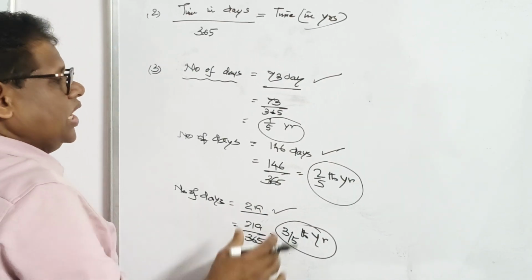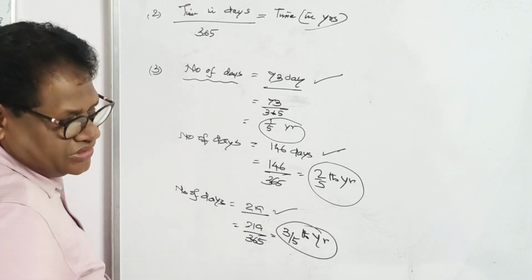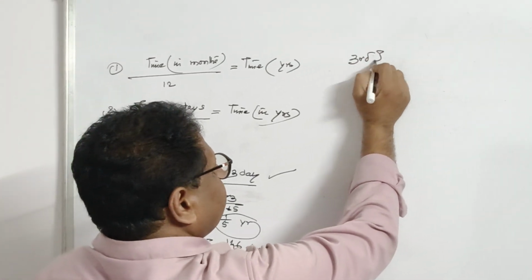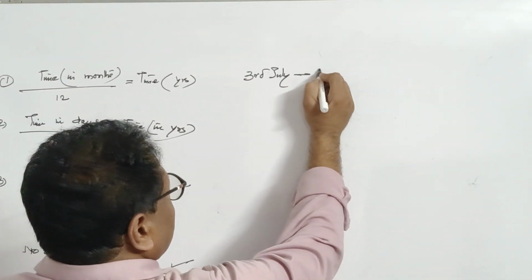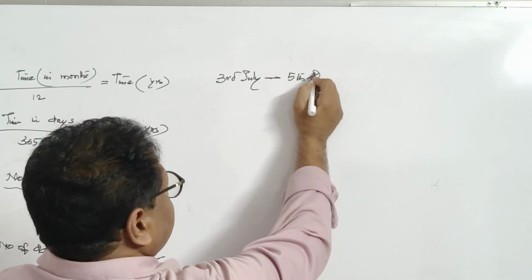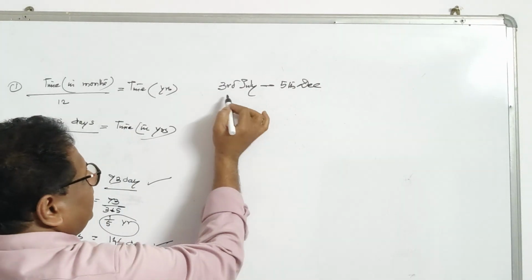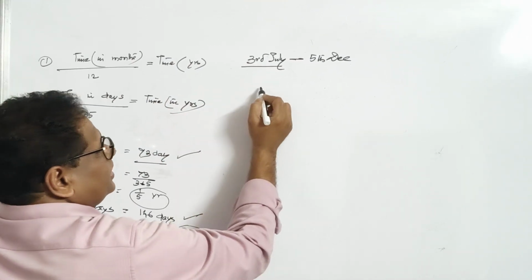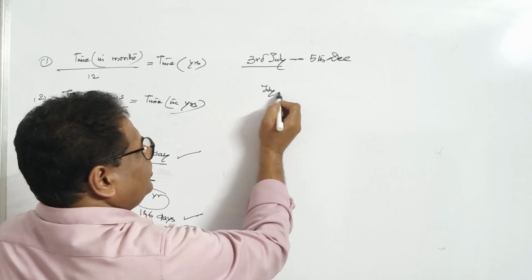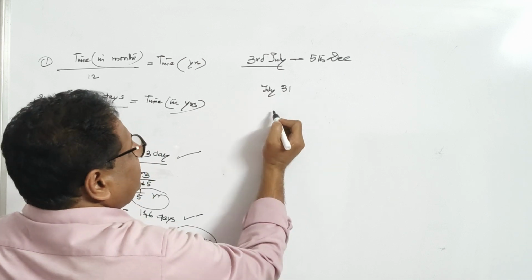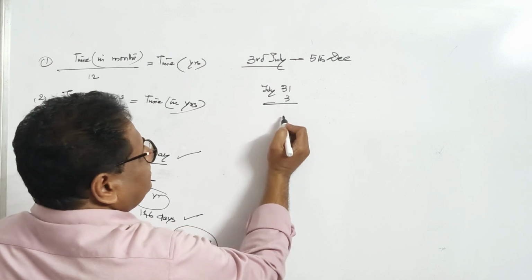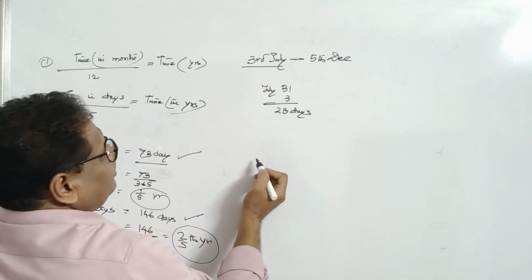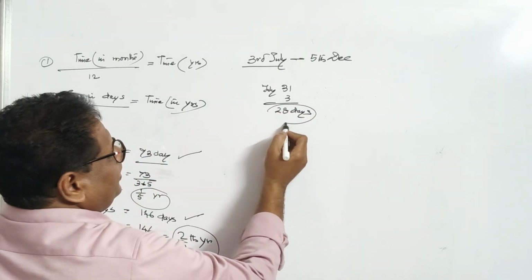Now how to get these days? Suppose the question is from 3rd of July to 5th of December. In the month of July, up to 3 days the interest won't be chargeable. Now July comprises 31 days, so from 31 you subtract 3 days and this gives you 28 days. So in July the interest will be chargeable for 28 days.